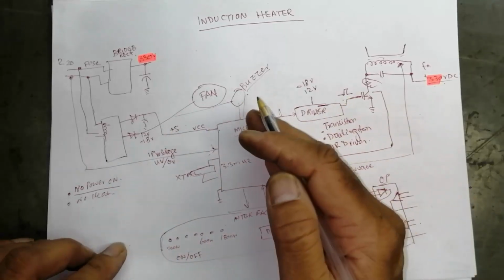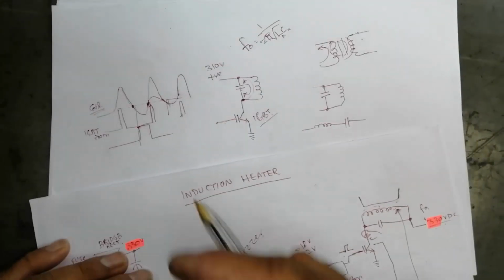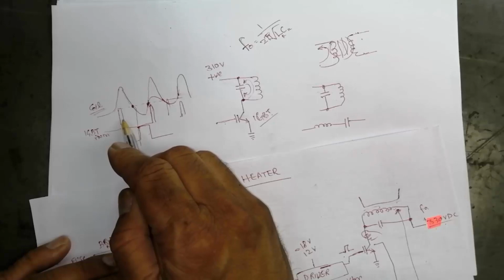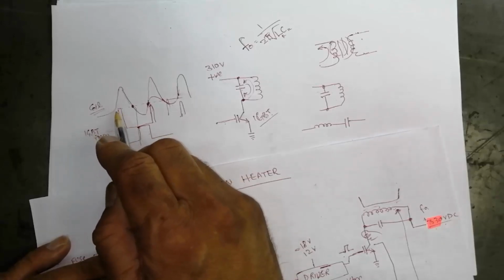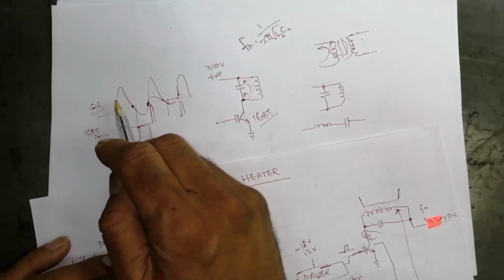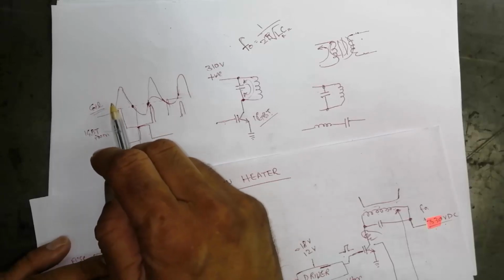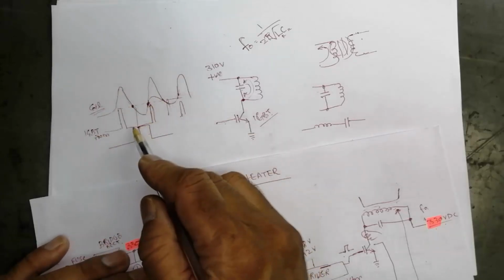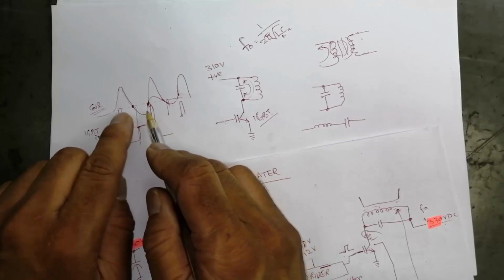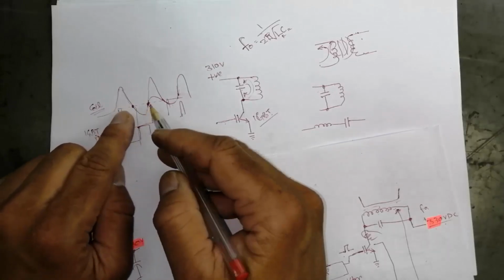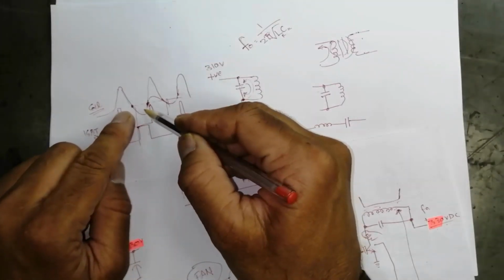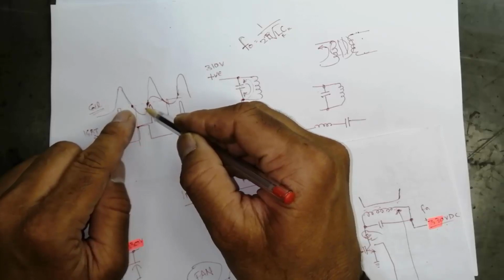So finally we take a drive signal, a pulse drive signal, and this drive signal drives the coil to generate a magnetic field. When this magnetic field is available, and in the silence of the IGBT, in that period there is a reverse magnetic field.